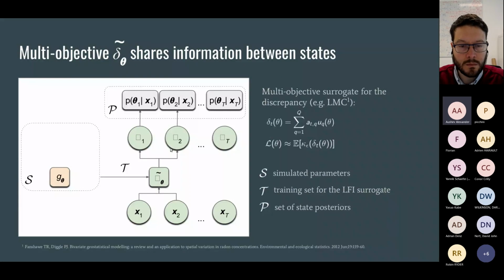And then we extract the posterior, similarly as we've seen before. And this P is a set of the state posteriors at each time step. It essentially consists of the samples from these posteriors.